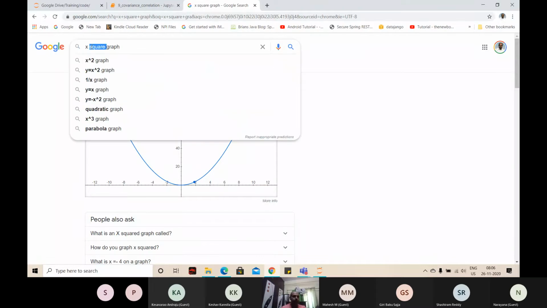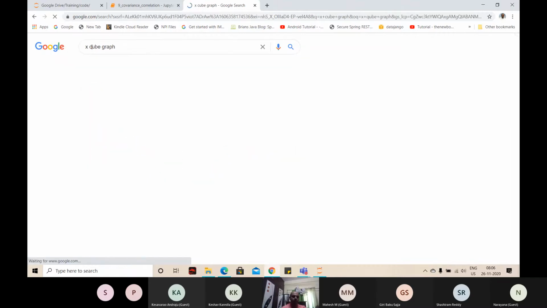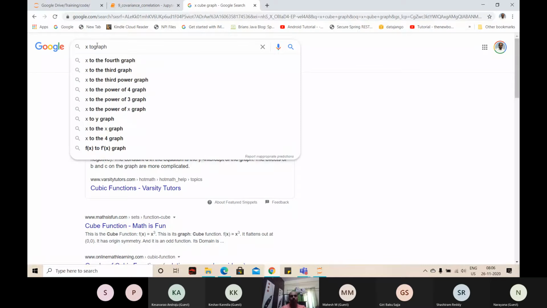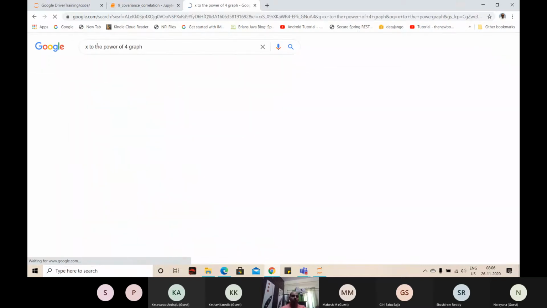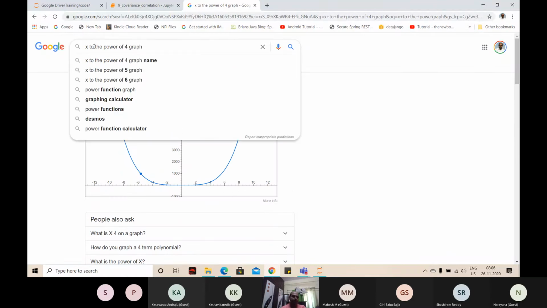Okay, x cube. See this? This is how it's going to be. Okay, x to the power of 4. Right, like that. So each of these equations will have a different shape.